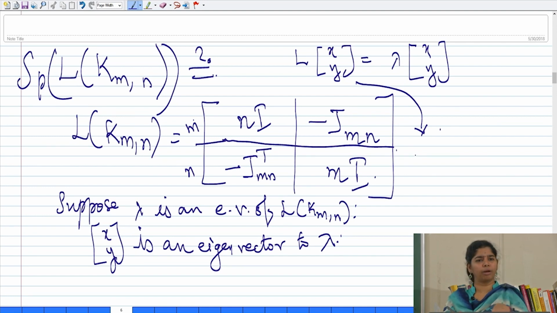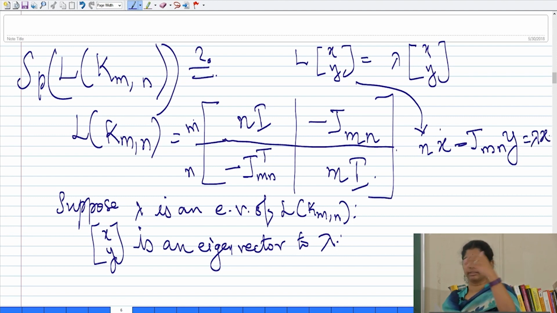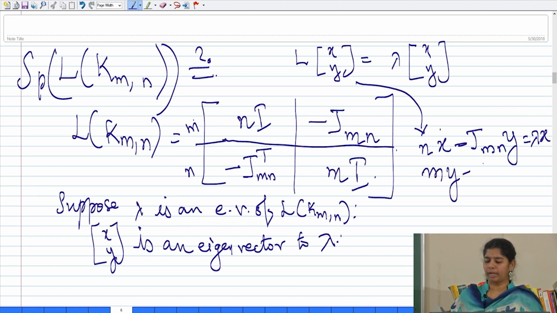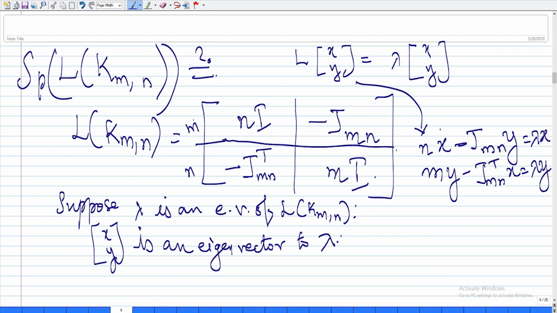The first block would be n x minus J m,n y, which should be equal to lambda x, right? Similarly, minus J m,n transpose x, or J n,m, would be equal to lambda y, right?